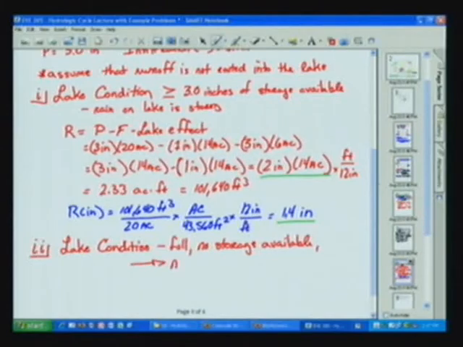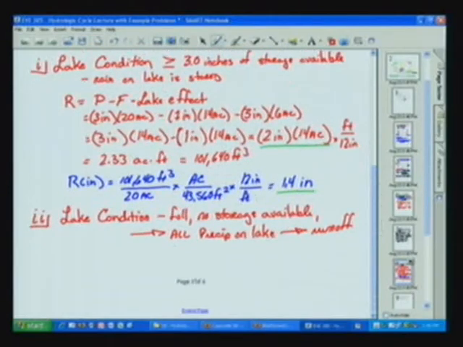That means all precipitation on lake is runoff. There's a little something there from when I created these. It shouldn't have shown up.